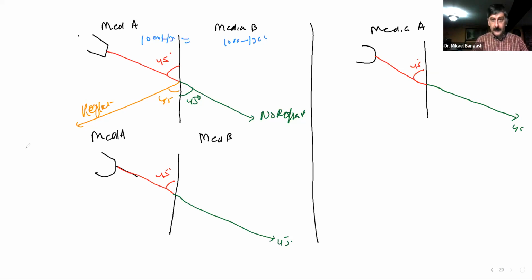Now over here, we have, for instance, a speed of 1,000 meters per second in medium A, and let's say 4,500 meters per second in medium B. Now we're going to get more specific.